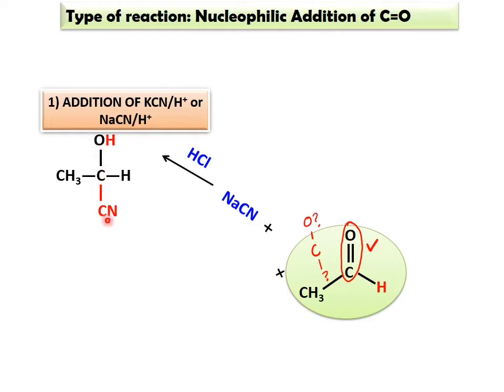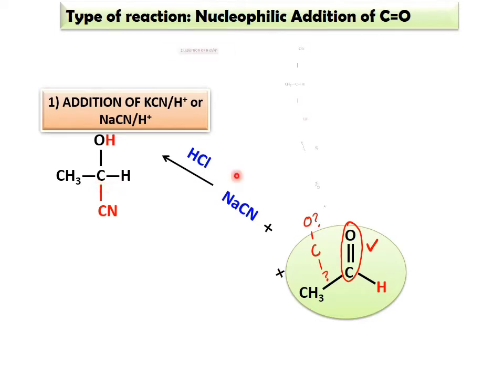So ini adalah nucleophilic addition, sebab CN ni adalah nucleophile, CN minus kan. So carbon adalah electrophile. So CN minus added to the electrophilic site.